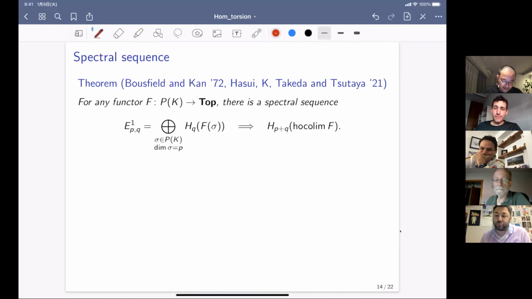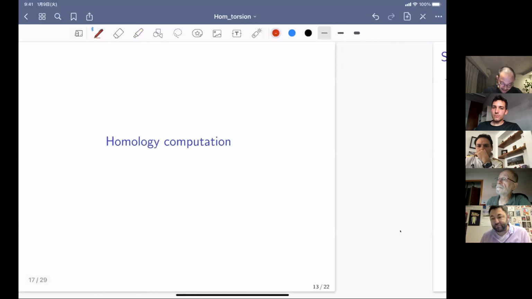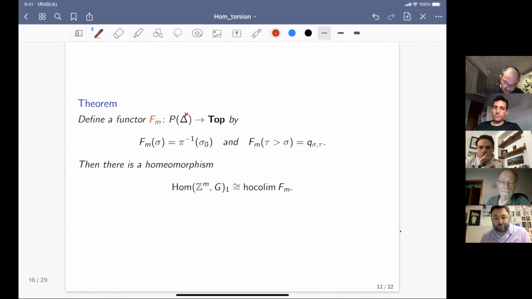And actually we are considering a functor of a nice poset. So the condition should be that the functor sends every morphism to a cofibration. But our map Q sigma tau is not a cofibration. Okay.